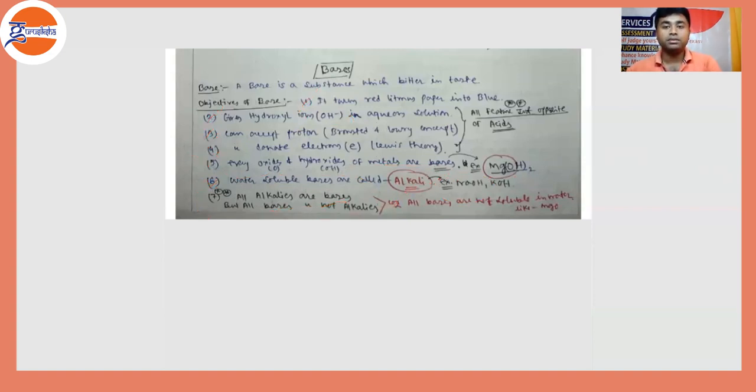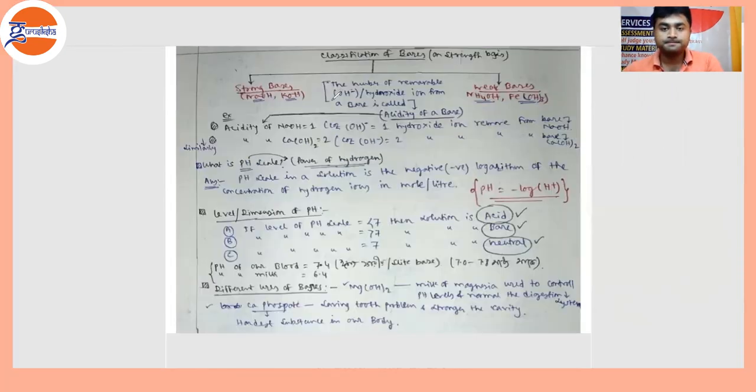Now I come to the main point, which is the classification of bases. A base has been classified on the basis of strength, or on the basis of the bond of the base. On the basis of classification, the first type is called strong base, and the second one is called weak base.